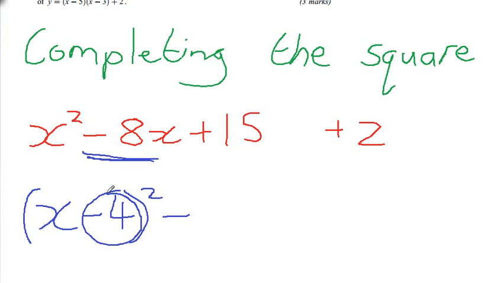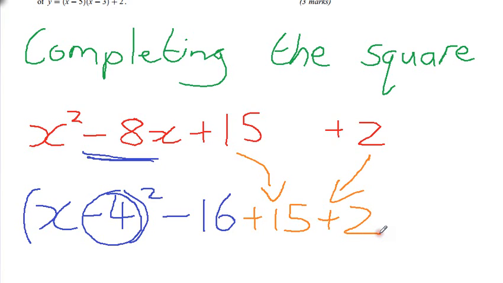So minus 4 squared is 16, so we take away 16, then our plus 15 comes down here, and the 2 comes in here as well. So we get plus 15 plus 2. I'm not going to go into why it works, but minus 8, halve it and take away the square, and then deal with this extra bit at the end.